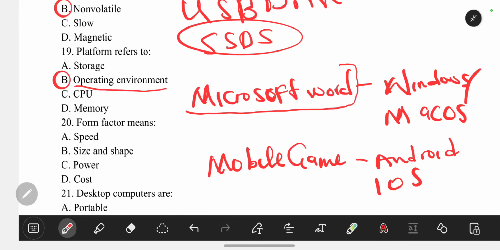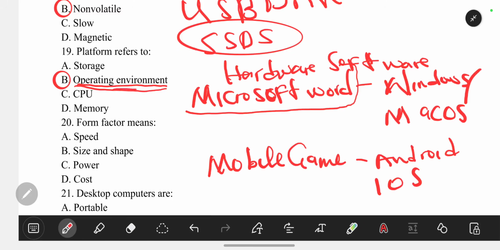It can be a hardware or a software environment on which programs can run. So the answer for that one is an operating environment on which programs can be able to run.